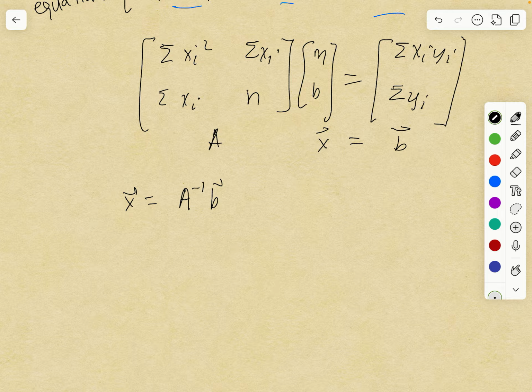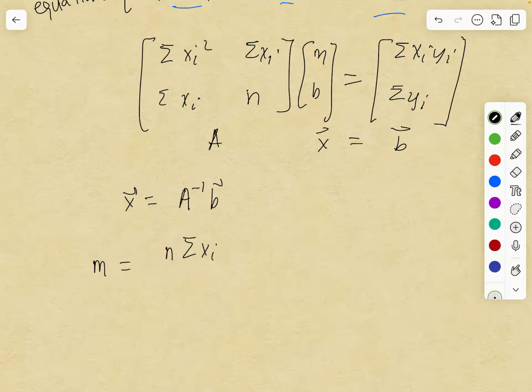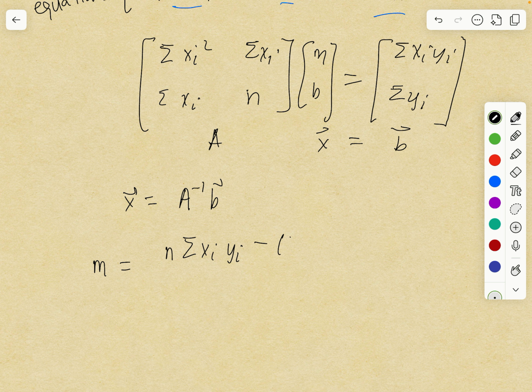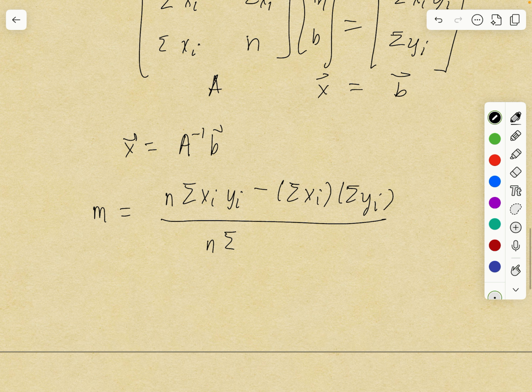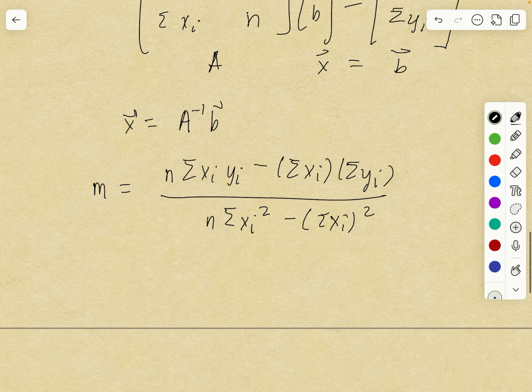And if you just find A inverse using the formula and then plug it in, what you end up getting is m is n times the sum of xi yi minus the sum of the xi times the sum of the yi, divided by n times the sum of the xi squared minus the sum of the xi, squared.